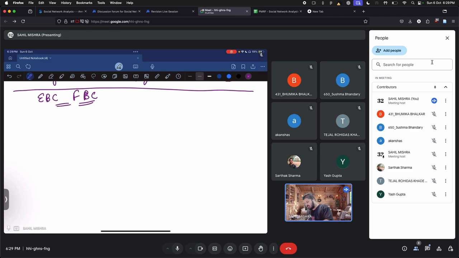These are just variants, and I think they are not part of the curriculum. Have they been taught in the class? Edge betweenness, flow betweenness.